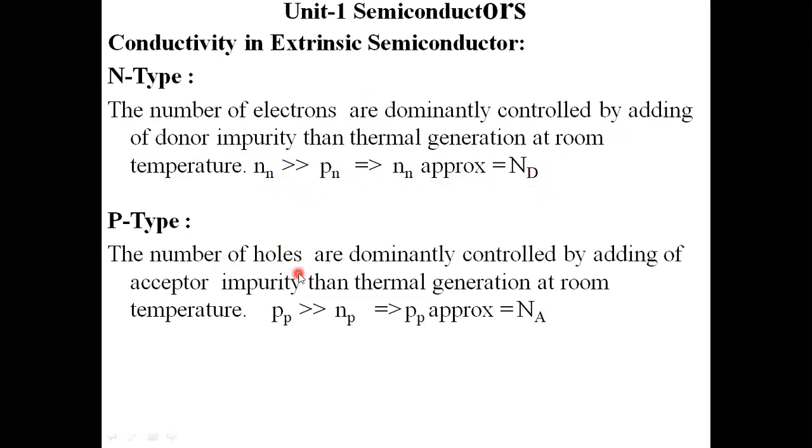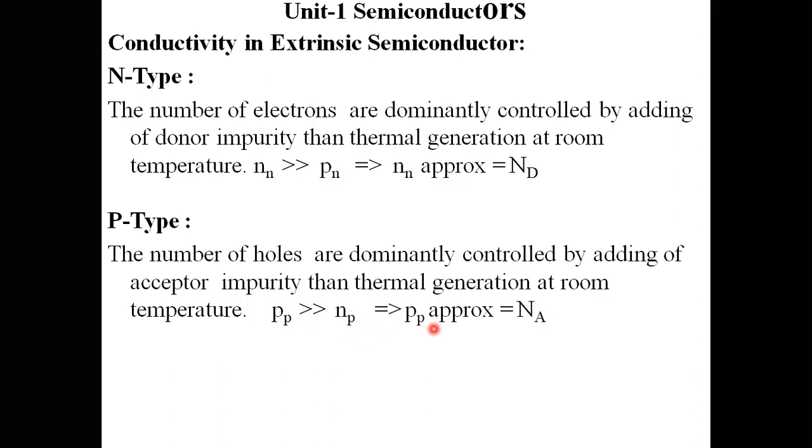Similarly, the number of holes are dominantly controlled by adding of acceptor impurities rather than thermal generation. Thermal generation కంటే కూడా ఈ acceptor impurities వల్ల మనకి ఎక్కువ hole concentration keeps on increasing at room temperature. That is Pp, the concentration of holes in p-type semiconductor material, is very much greater than Np.